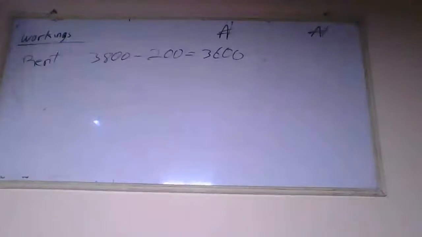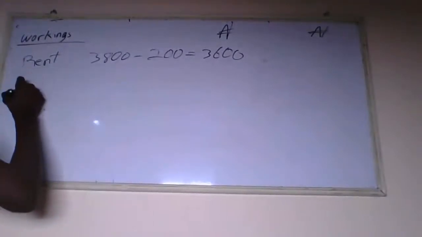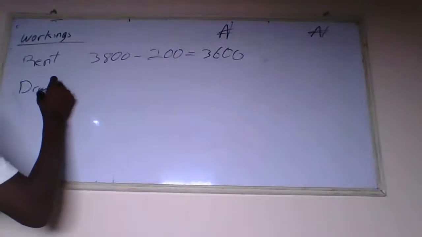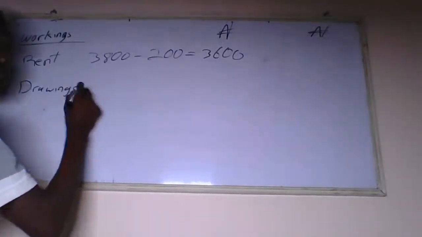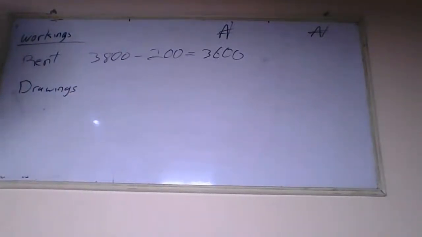Following that, we have, okay, we've treated these: goods costing 1,200 were taken by the owner for private use. So when we get to our balance sheet, you're just going to have drawings. The drawings given.